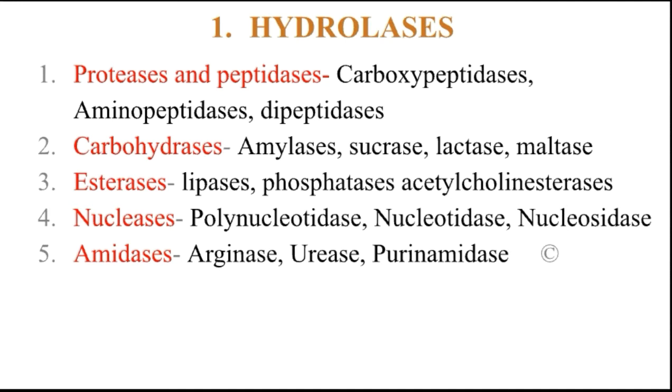Aminopeptidase enzymes act on the peptide linkage adjacent to the free amino group. And third is the dipeptidase, and these dipeptidase enzymes act on certain dipeptides. These are the subtypes of proteases and peptidases.